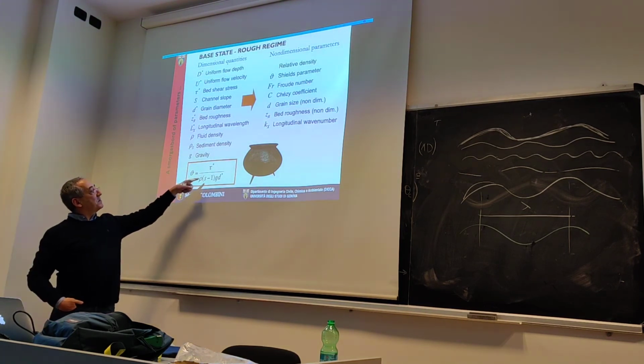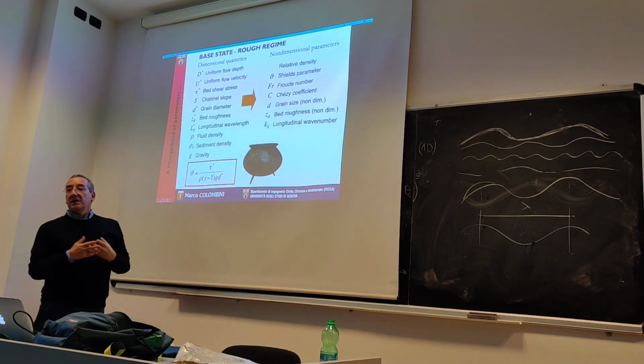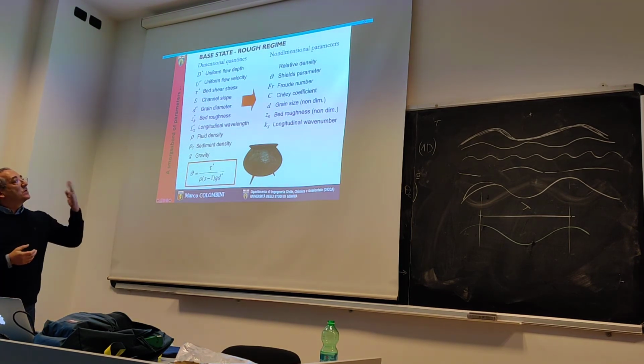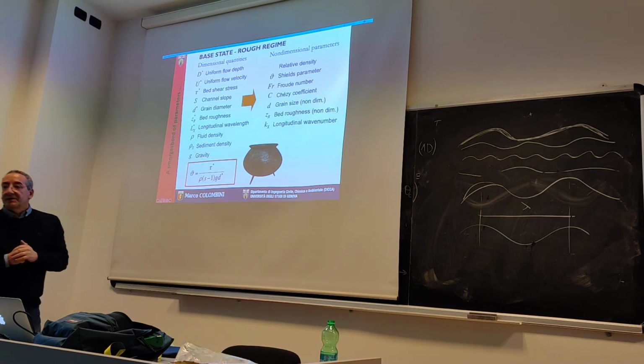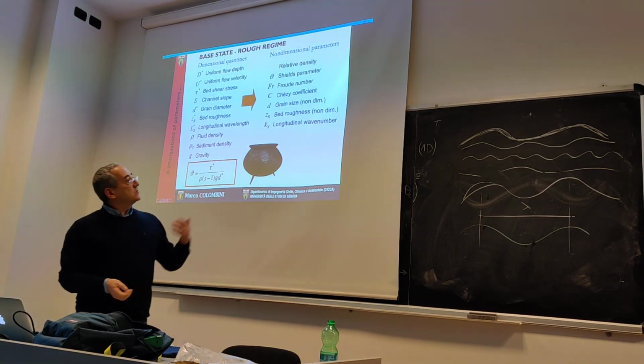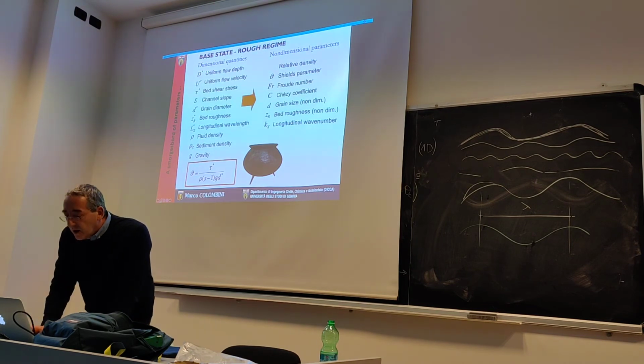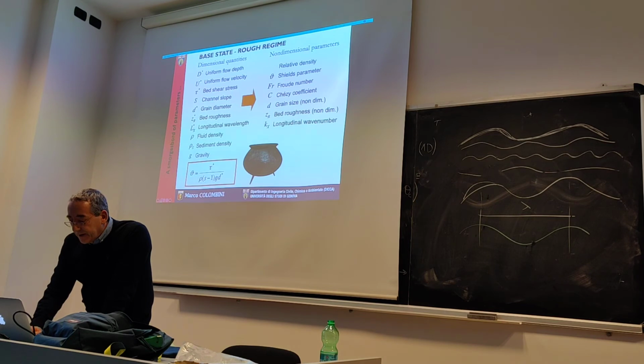If you combine them like this, you obtain a non-dimensional shear stress, which is known as the Shields parameter, and is quite used to determine, for example, the sediment discharge and all the quantities related to sediment transport.